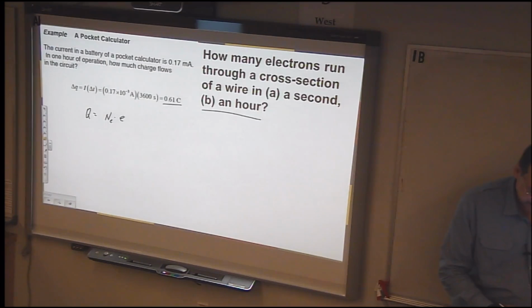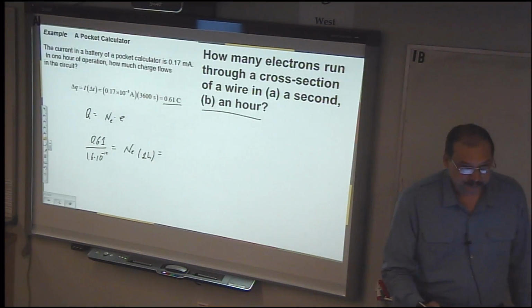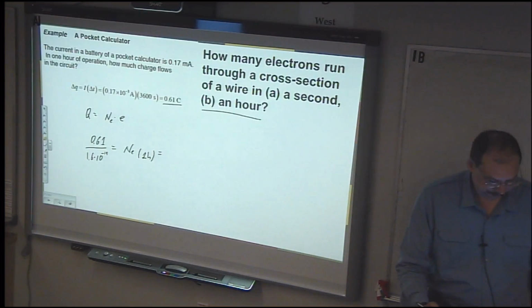In 1 hour, the charge traveling through the wire is 0.61, and the elementary charge is 1.6 times 10 to the negative 19th, and that will give us the number of electrons traveling in 1 hour. So someone can tell me that. And if we want to calculate the number of electrons traveling in a second, well, we have different options, right?